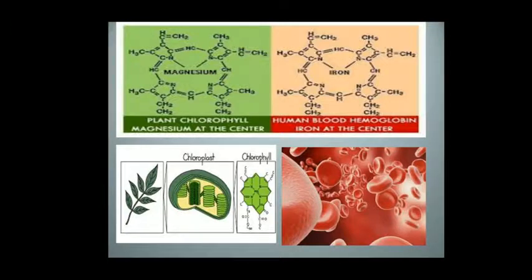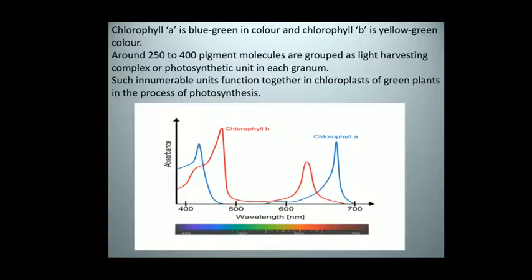Hemoglobin, in animals, is the pigment responsible for the transportation of oxygen, but chlorophyll, the pigment present in the plant cell, is responsible for photosynthesis. Talking about chlorophyll A and chlorophyll B, chlorophyll A is blue green in color, and chlorophyll B is yellow green in color.